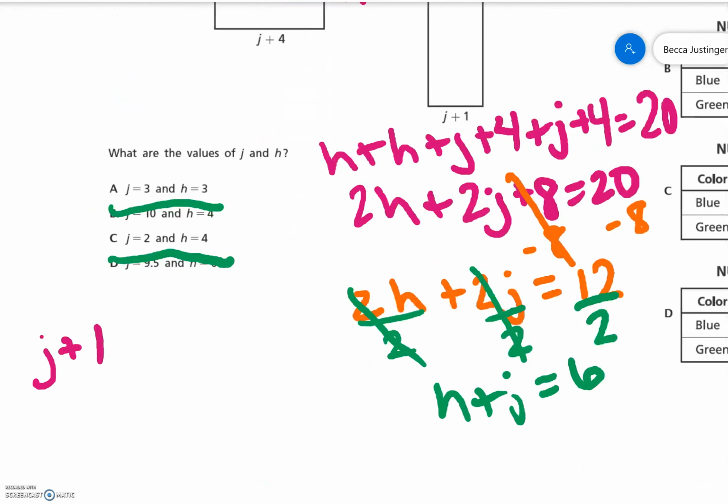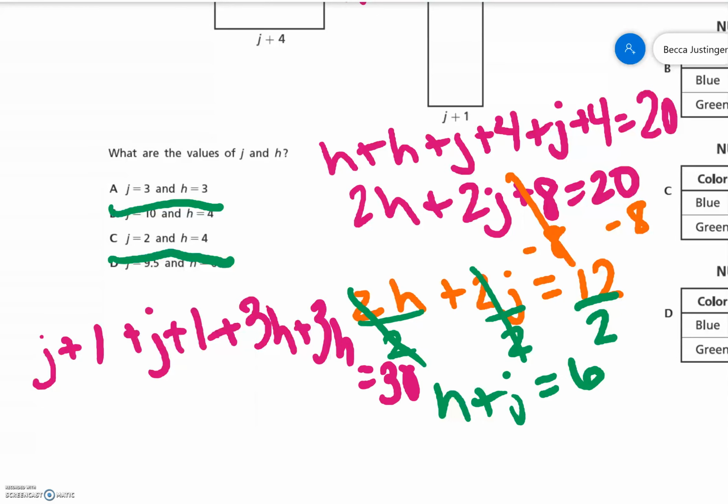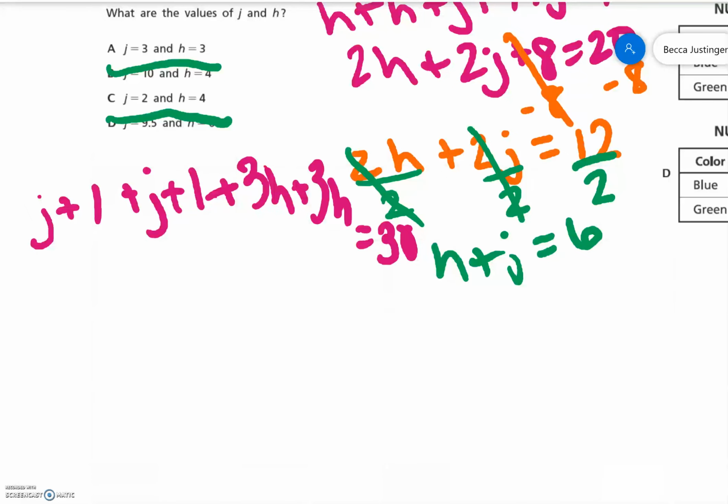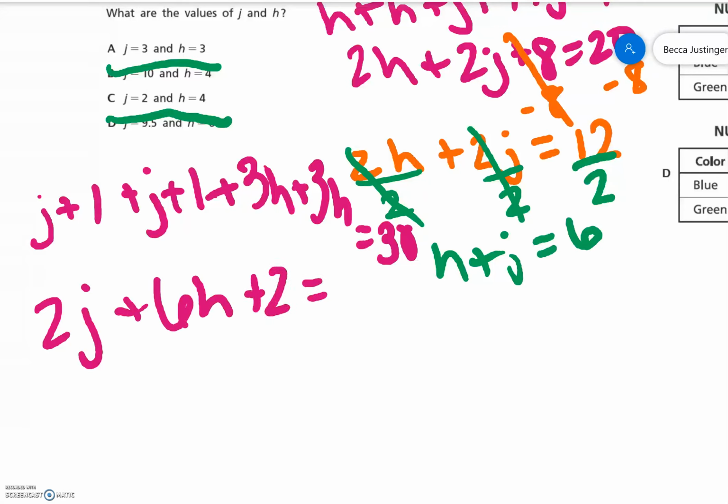Now we are going to do rectangle Q the same way we did P. J plus 1 plus J plus 1 plus 3H plus 3H equals 30, not 50. That's where I messed up last time. Combining like terms, J plus J, that's 2J, plus 6H plus 2 equals 30. Subtract 2 from both sides.